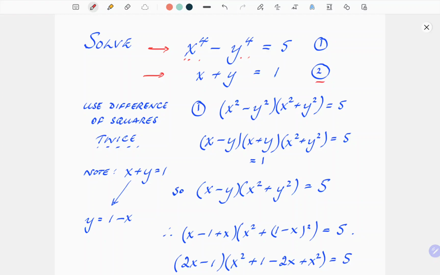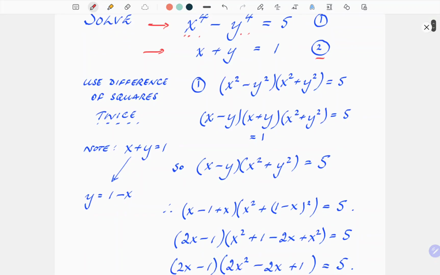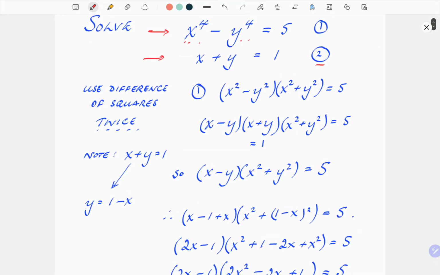All right. So what we're going to do first is to use difference of squares, and we're going to do it twice. I'll explain what I mean by that. First time, we're going to split the x to the 4 minus y to the 4 into their square roots in difference of squares.